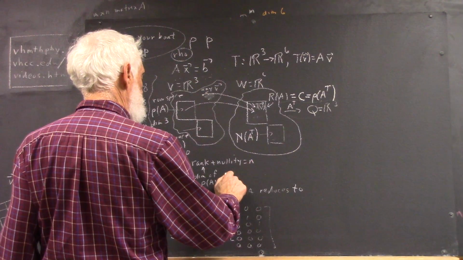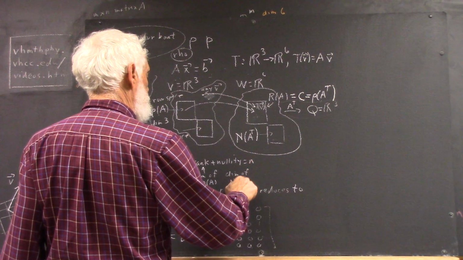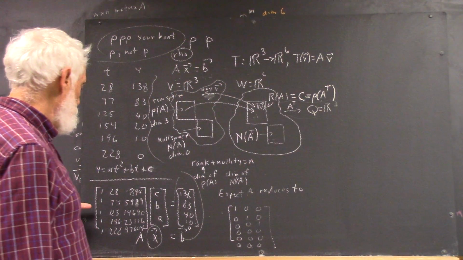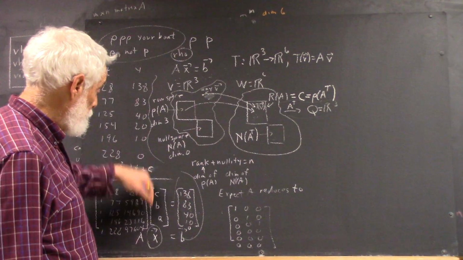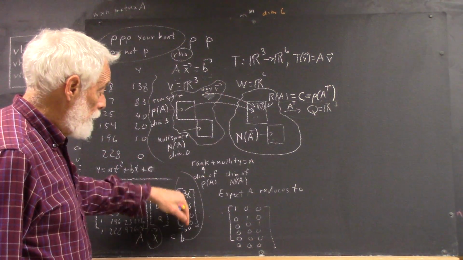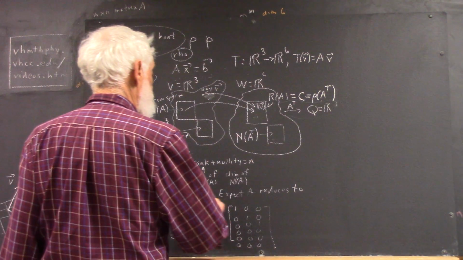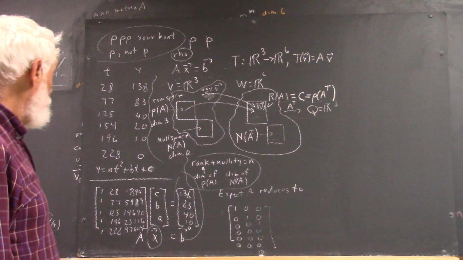And this is the dimension of the null space. And the null space consists of all the solutions where the matrix times your column vector ends up being zero. It's all the solutions here that you get if you map to zero. These are all ideas that we've seen and we should be comfortable with.